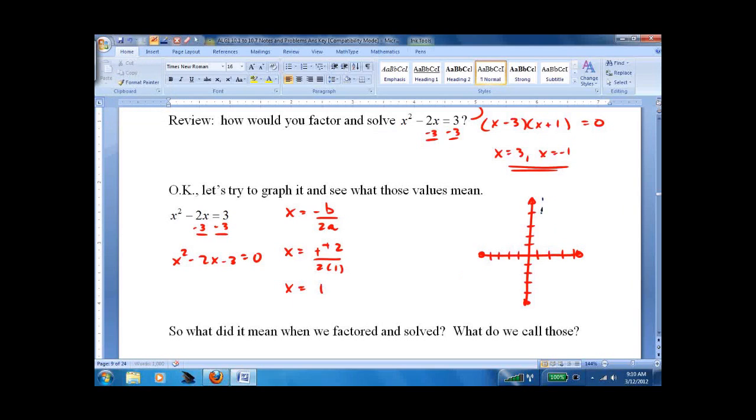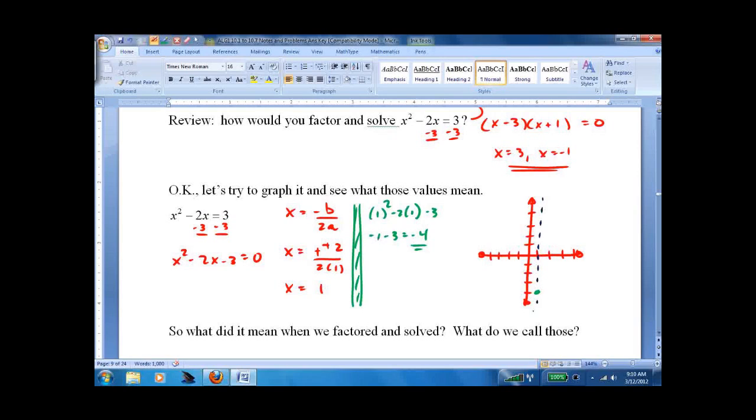So we go down at 1. Then we plug it back in to find the vertex. 1 squared minus 2 times 1 minus 3 is negative 1 minus 3, which is negative 4.